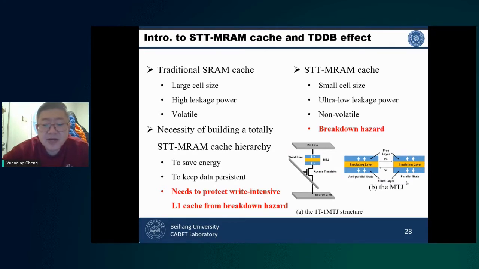Because in each write operation, we have to apply a voltage over the MTJ device, and this high voltage can trap some charges in the insulation layer, and these trapped charges gradually can malfunction the MTJ. That is the reason for the breakdown hazard.